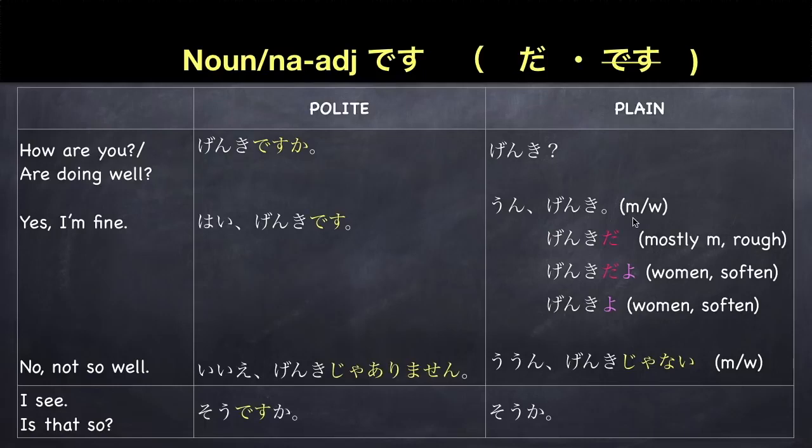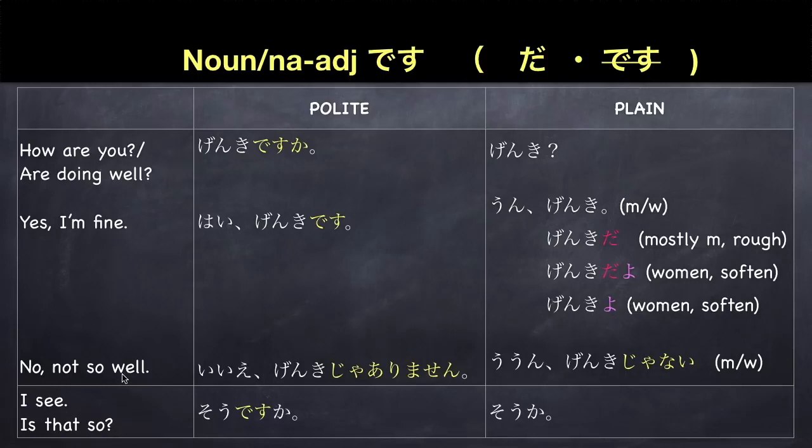So this can be used by both men and women. Or, genki da. It's mostly used by men because it sounds a bit rough. Genki da. Another way is, genki da yo. So here we added the yo to soften it. Or, genki yo.